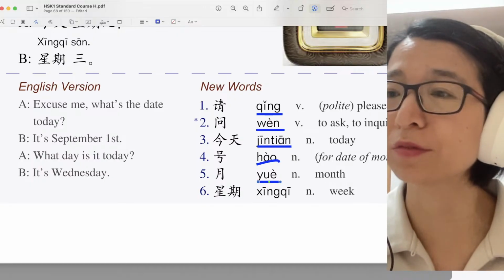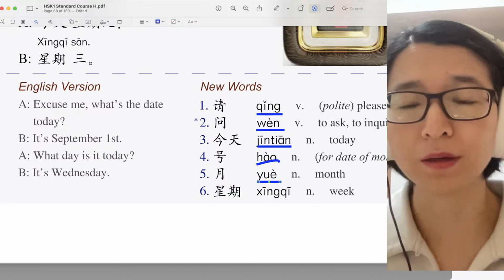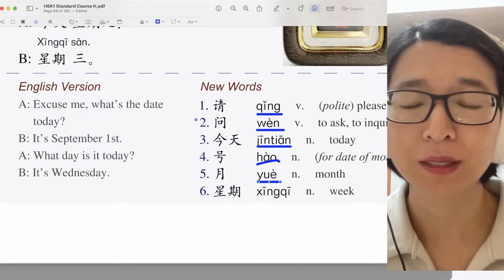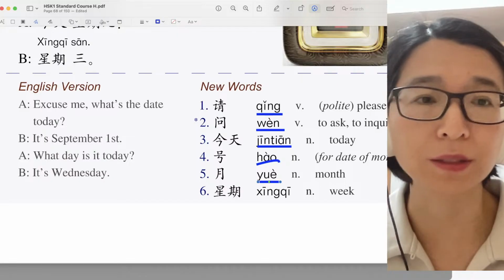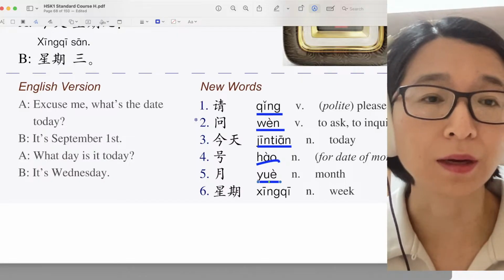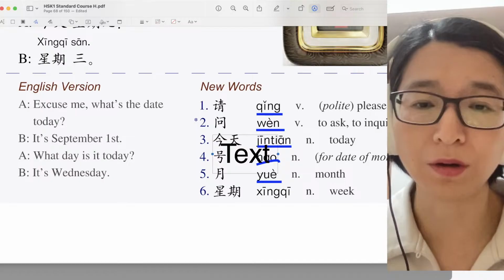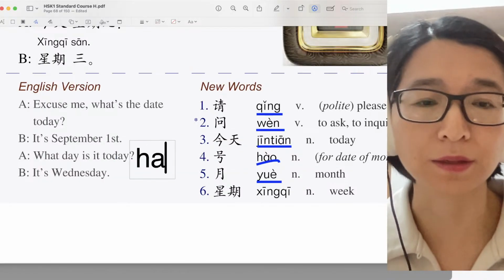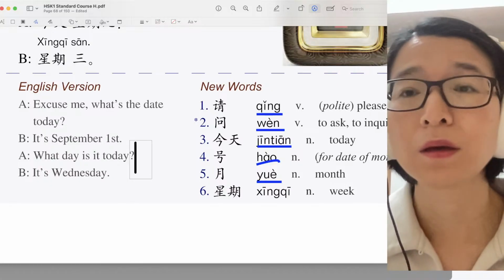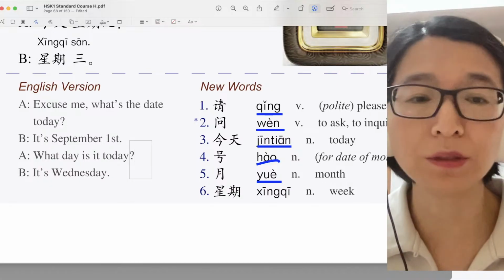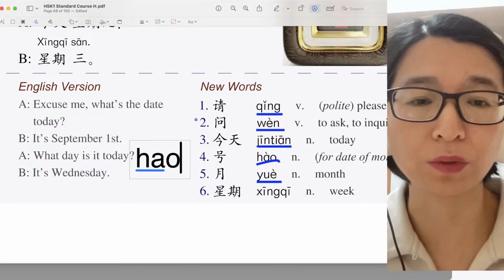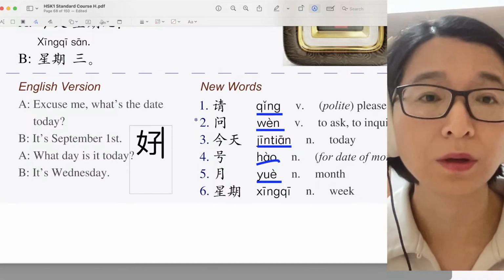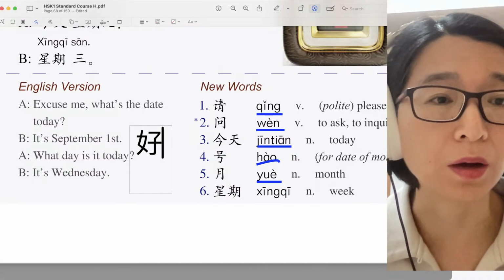How is 号 different from 好? Very simple. When you say the word 好, all of you know how to say it, right? This character means good. When you want to ask, how are you? 你好, 很好.